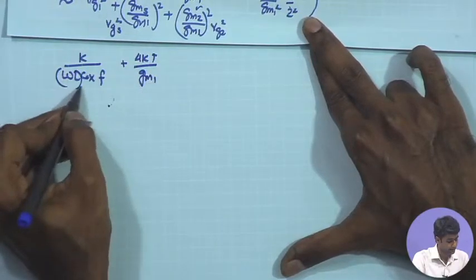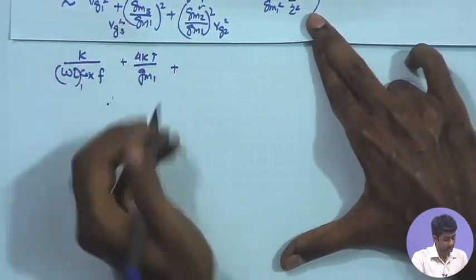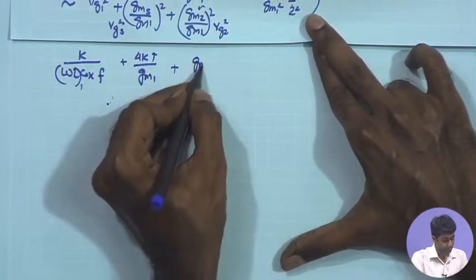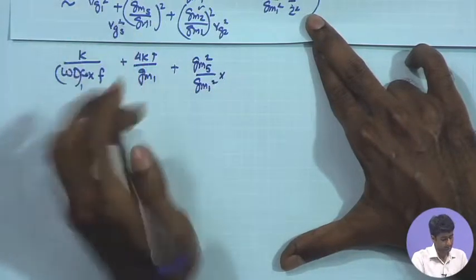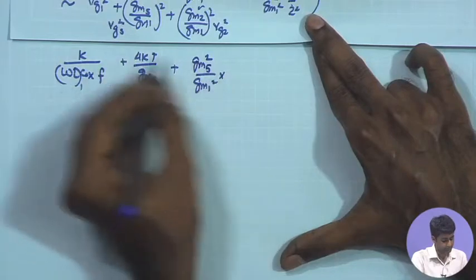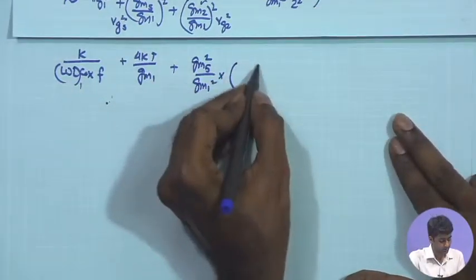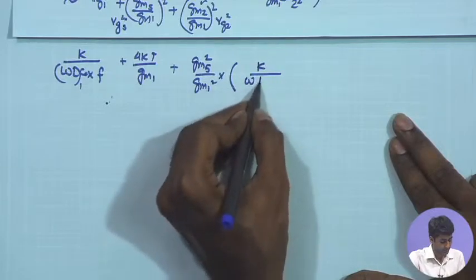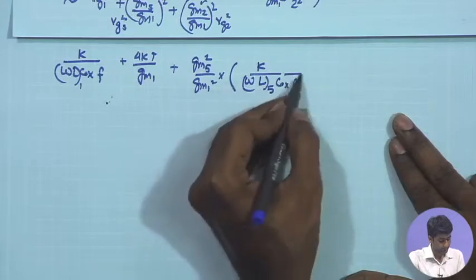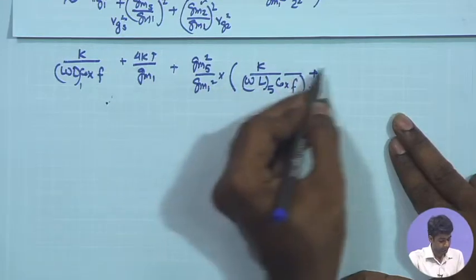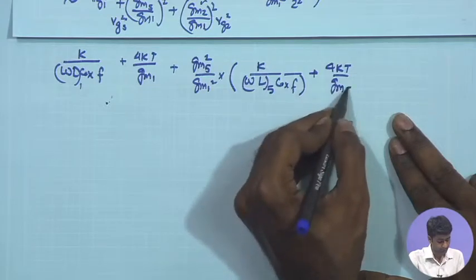This is W by L 1, and likewise you have the second term, which is GM5 square upon GM1 square times the VG5 square. Once again, we know the same factors are going to come, therefore K upon W L5 times COX times F, plus you have the 4 KT upon GM5.